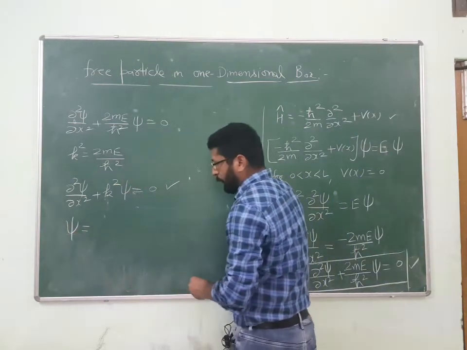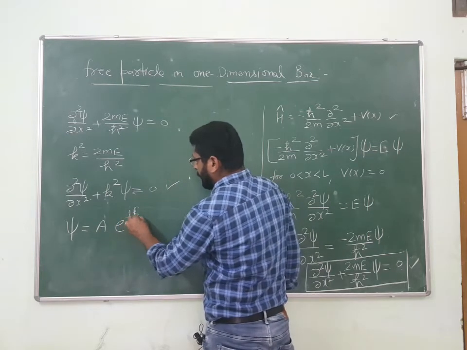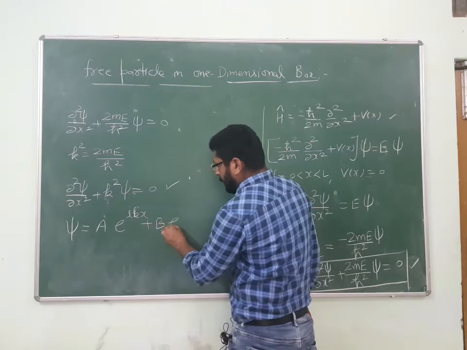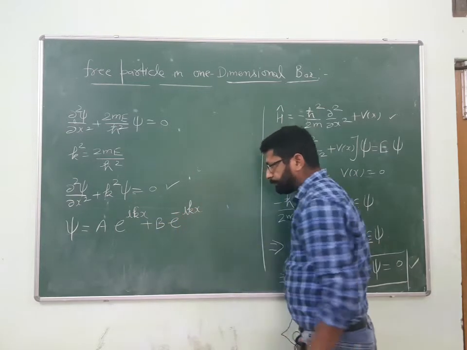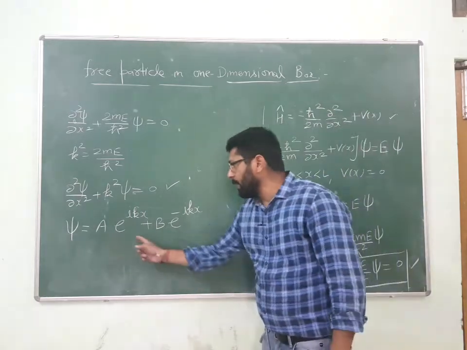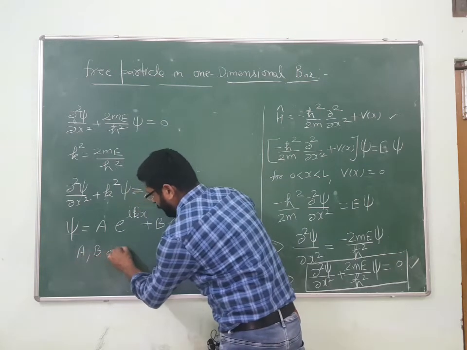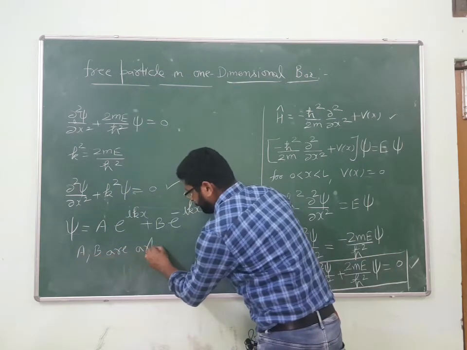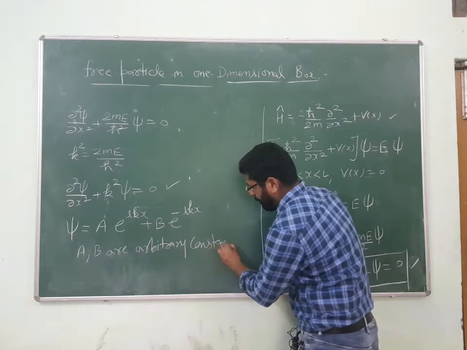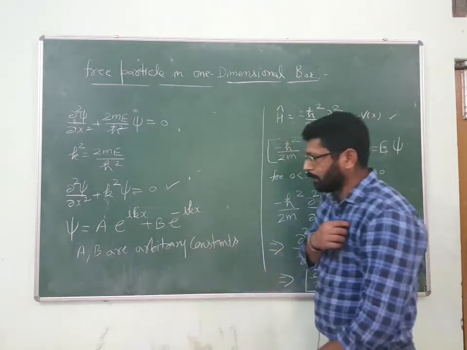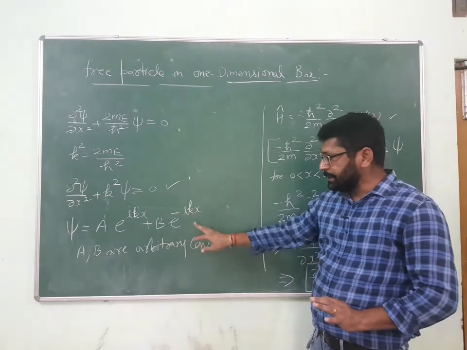The ψ will be of the nature A exponential iota kx plus B exponential minus iota kx, where A and B are arbitrary constants. So the solution of this equation can be written like this.